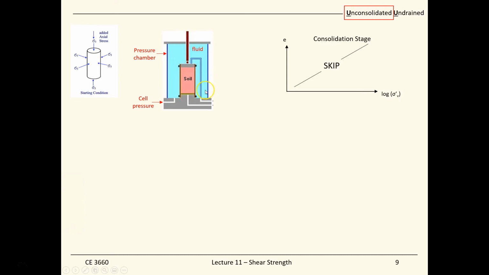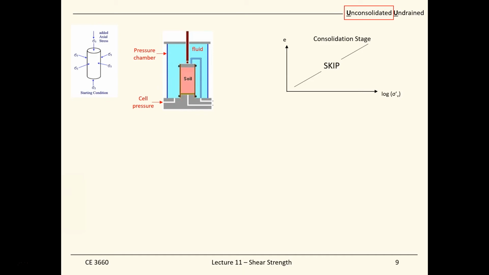You pressurize the whole testing chamber, and by applying the cell pressure right here, you're providing the sigma 3 to the soil sample, both laterally, horizontally, and vertically. Pretty much just like a pressure bomb inside.